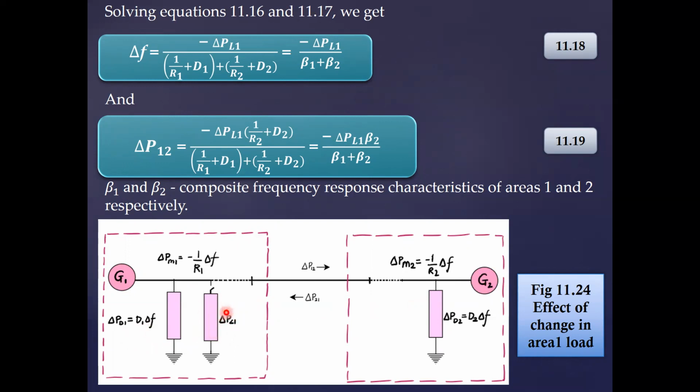Although there will be frequency sensitive load also, in area 1 and in area 2 as well. Thus the turbine output power will depend upon what is the droop, and over here it will depend on what is the droop over here.